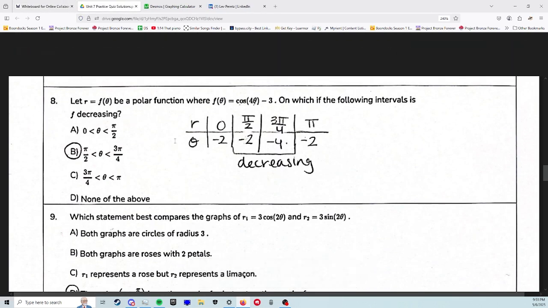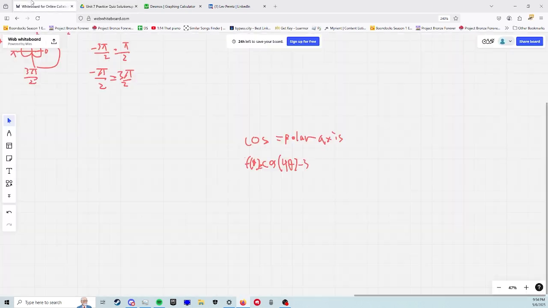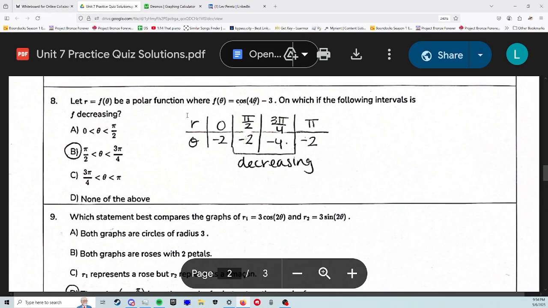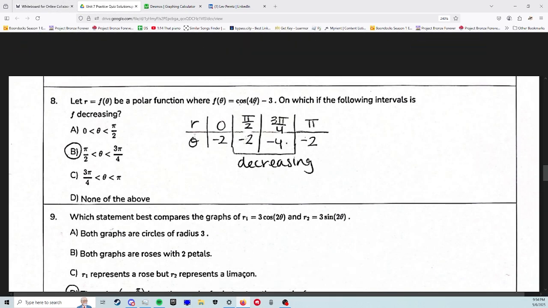Let r equals f theta be a polar function. On which of the following intervals is f decreasing? If we look at the graph that she put down, we'll just look at this for now. I recommend going in for flex and asking for help.